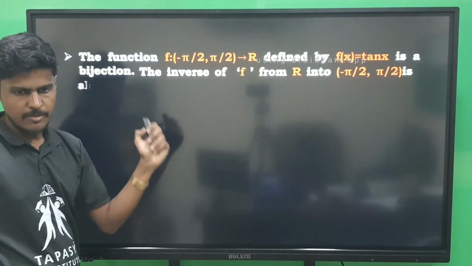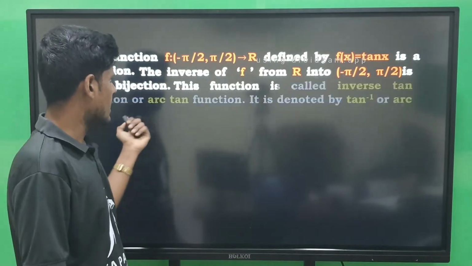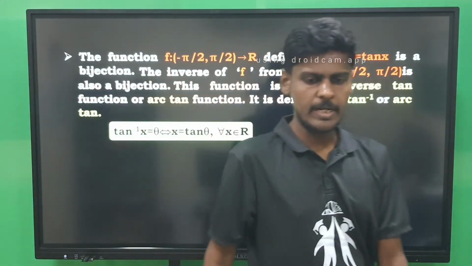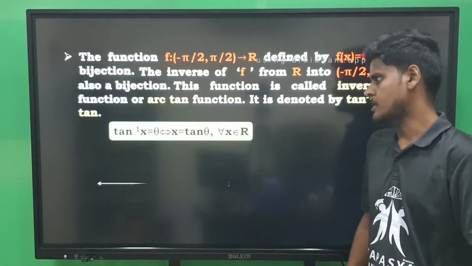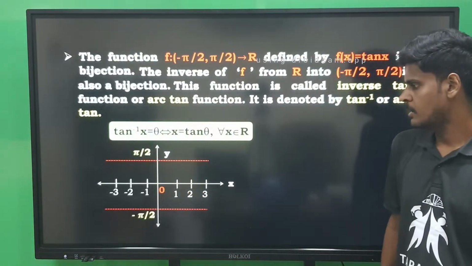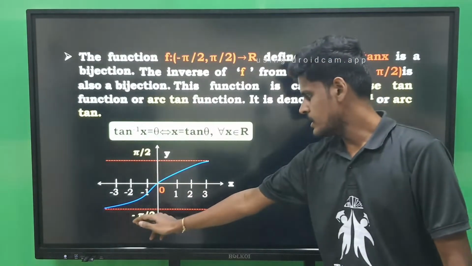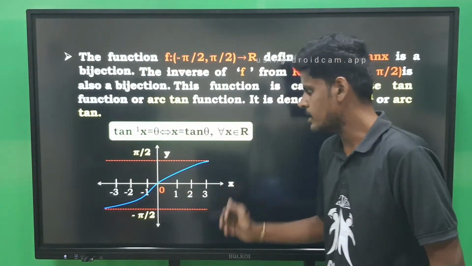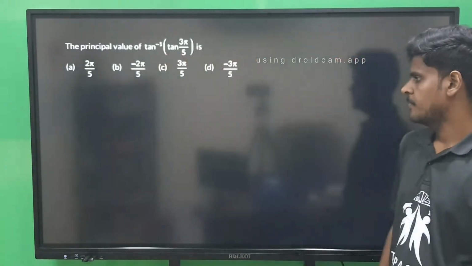So this is a bijective function, and just reverse it. Just take the codomain as the domain and domain as codomain for inverse function. So tan inverse x graph is like this. Between minus 90 to 90 degrees, graph is like this. Domain is all real numbers.